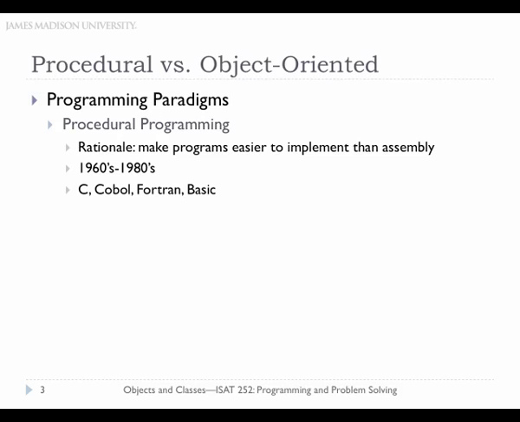Procedural programming is basically defined by a list of instructions. A procedure, in other words, an algorithm, is something to be stepped through one by one. That worked relatively well for the programs that were built in the 60s and 70s when software wasn't quite so complex.